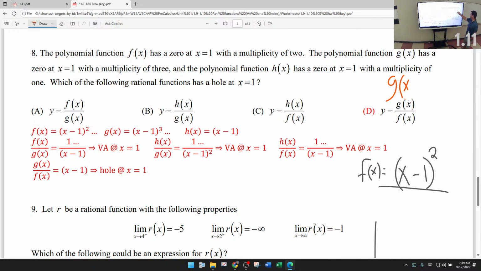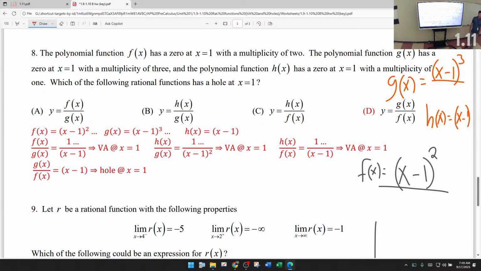Which of the following functions has a hole at 1? Yeah, and see how they've done it, what the heck is h of x? Oh, h of x has a 0 at 1.